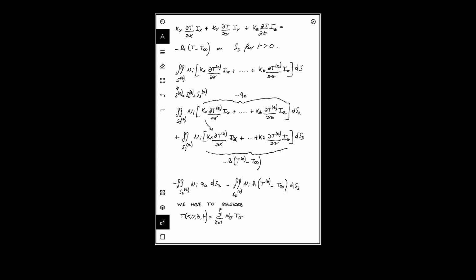So obviously the derivative of T with respect to x is equal to the sum j from 1 to p of the derivative of Nj, Tj, that is equal to the sum, and as you can guess, we don't derive the Tj, because Tj is a constant for each node.